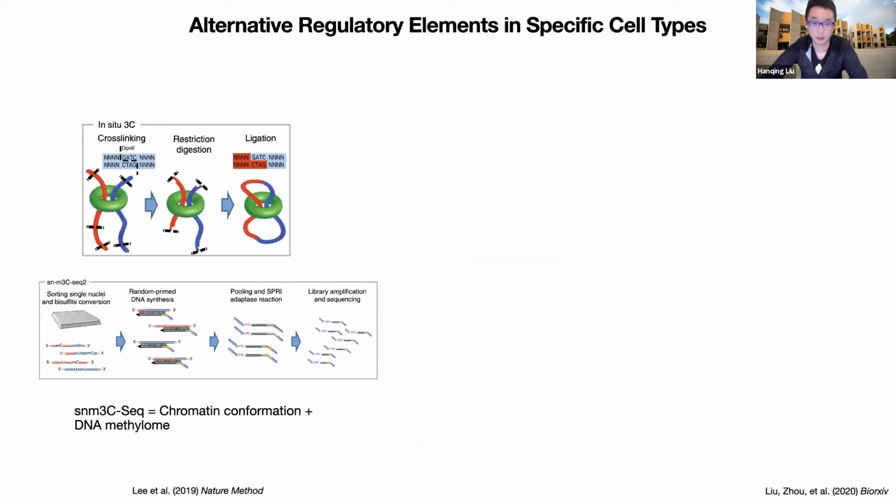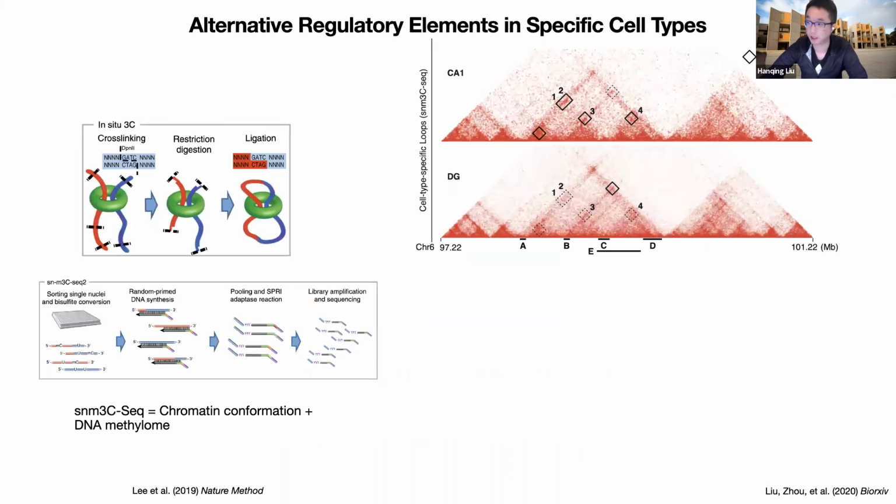And to further study the relationship of these enhancers with their potential target genes, we have generated a multi-omic data set using the technology snm3C-seq, which can basically generate chromatin conformation and DNA methylation in the same cell.